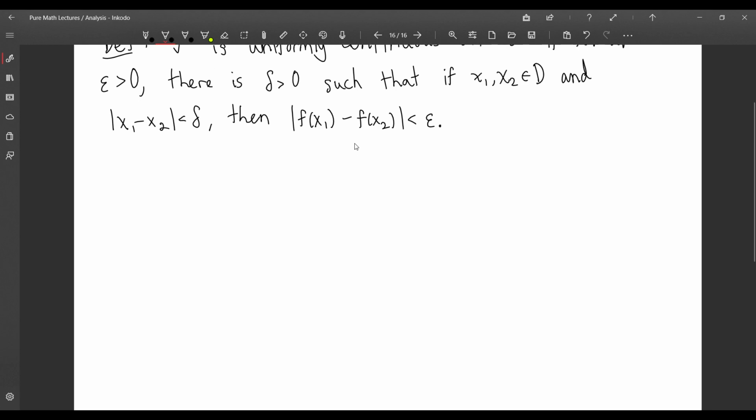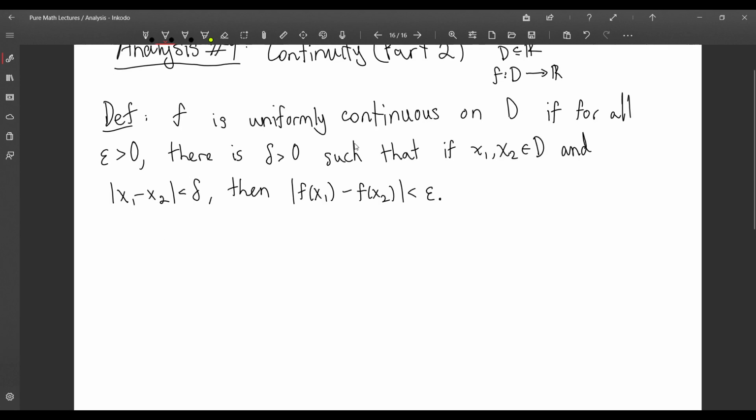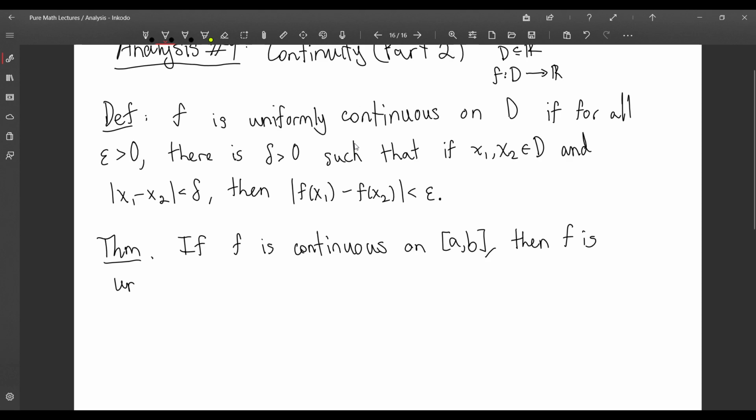So we are going to prove a sort of non-intuitive result that if f is continuous on the closed interval [a, b], then f is uniformly continuous on [a, b].